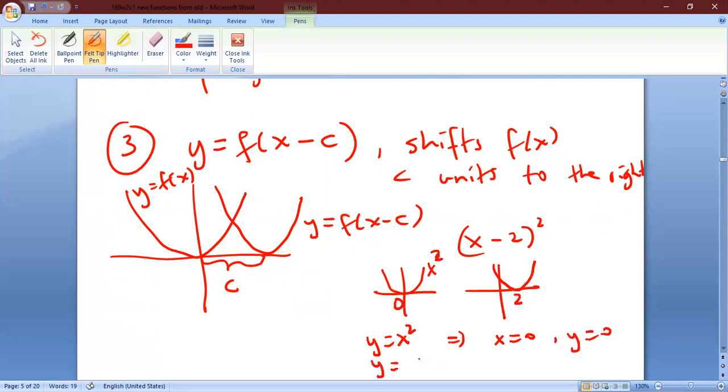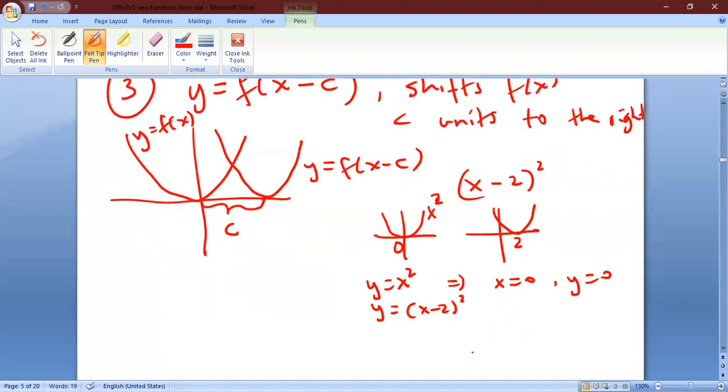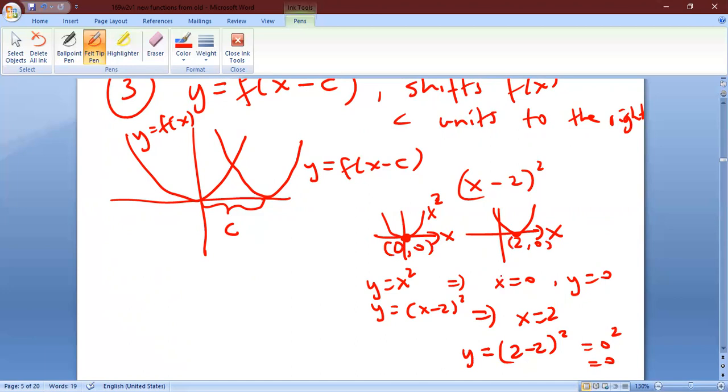But think about y equals x minus 2 squared: if x is 2, then 2 minus 2 is 0, so 0 squared, and it's going to hit 0 when x is 2. In the previous one, if you give x equals 0, then y is also 0, this point here. But in this one, if you give x equals 2, then 2 minus 2 is 0, and 0 squared is 0, so y is 0 there. So this point is 0, 0, but this point is 2, 0. So if you subtract 2 from x, then the graph will shift 2 units to the right.